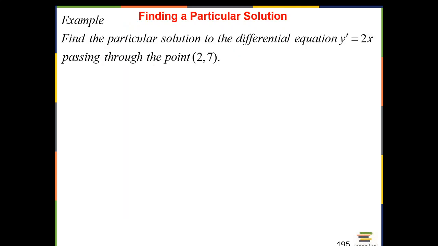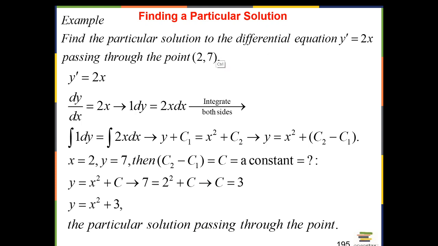All right. So it says find a particular solution to the differential equation y prime equals 2x passing through the point (2, 7). So let's see. Well, first, we write it as dy/dx. I just did this for you, right? Integrate both sides. And then on this side, you just get y plus c1, because this is an integral, you can put a c1 there.